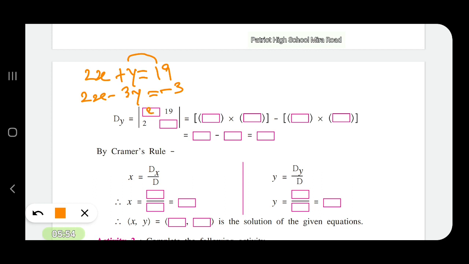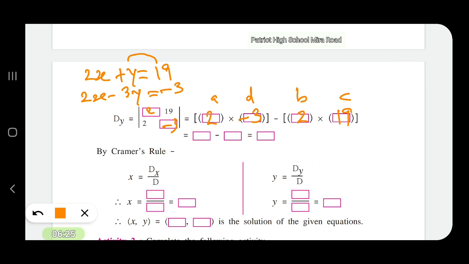For Dy, first column 2, 2, and second column will be 19 and minus 3. So this will be 2 multiplied by minus 3, and then minus 2 multiplied by 19, that is AD minus BC.